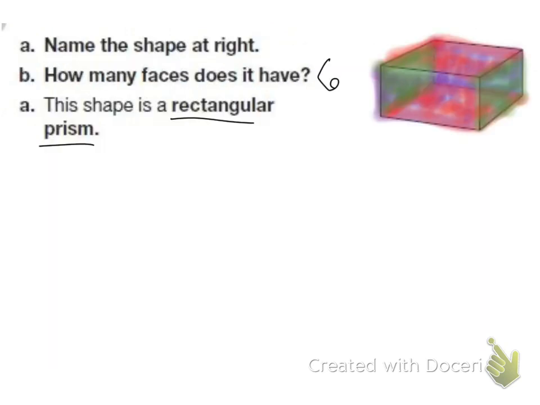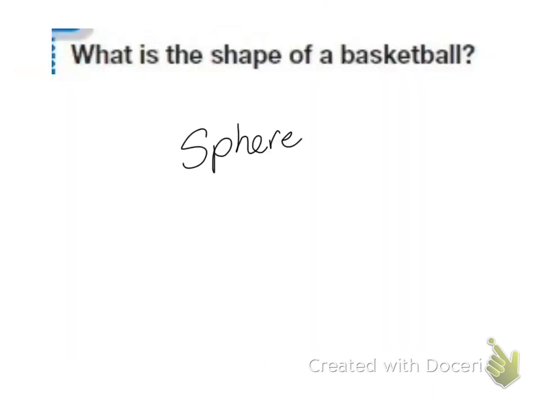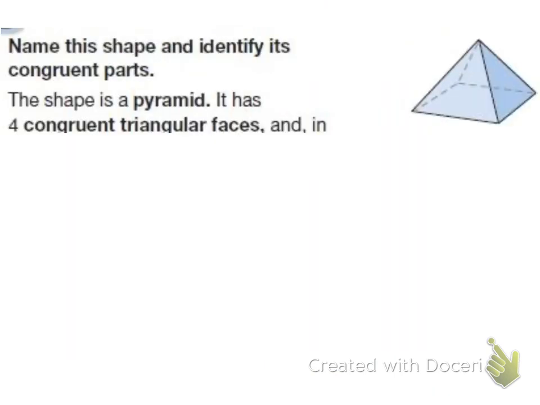Okay, so if we look back at our list, that shape is called a pyramid. And you should recognize it because it looks like the pyramids you see in movies or if you go to Egypt. So, pyramids have 4 congruent triangular faces. Okay, and in this case, it has a square base.